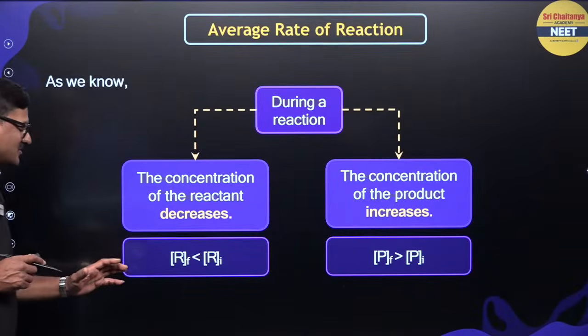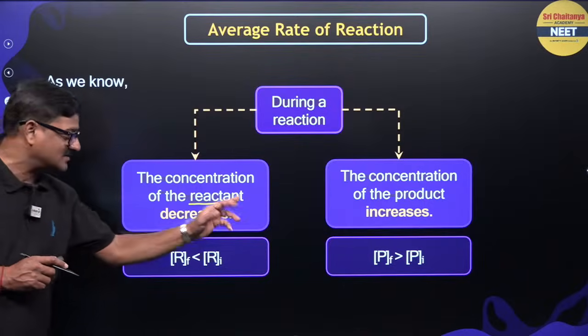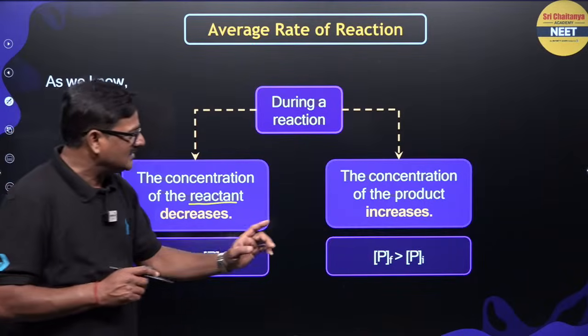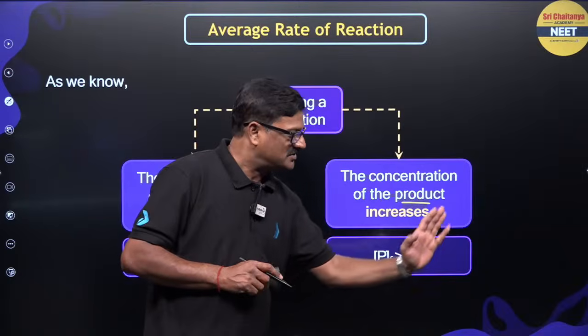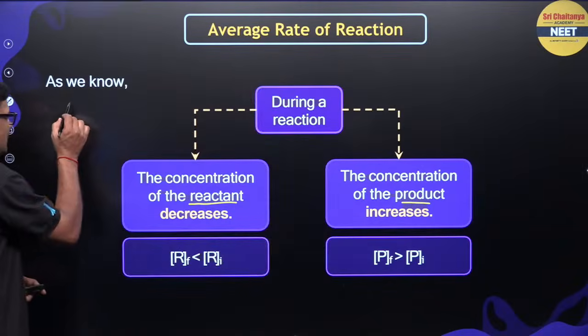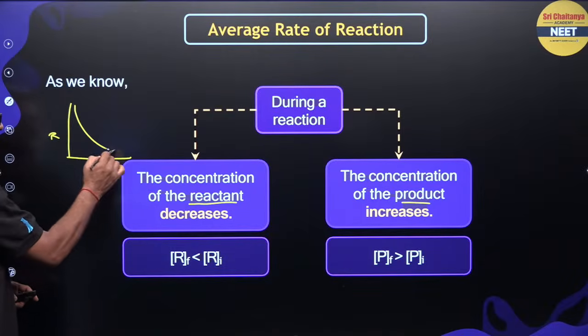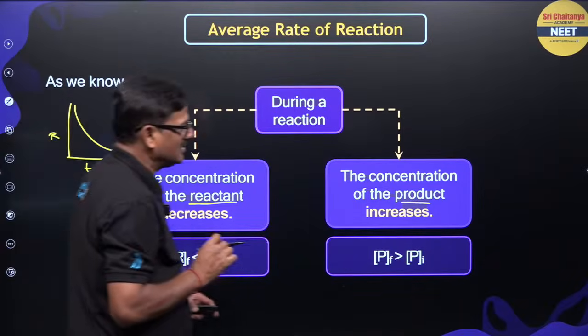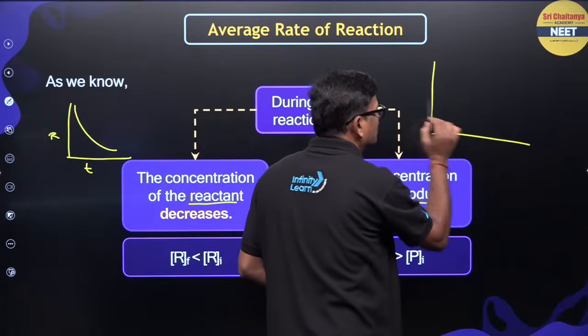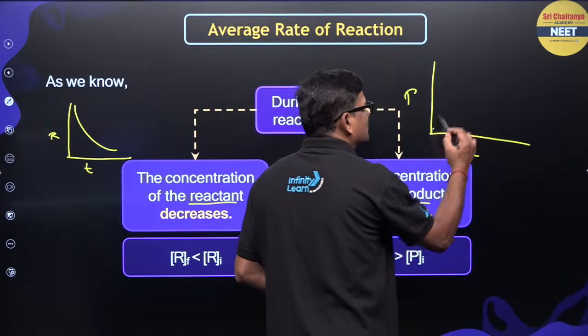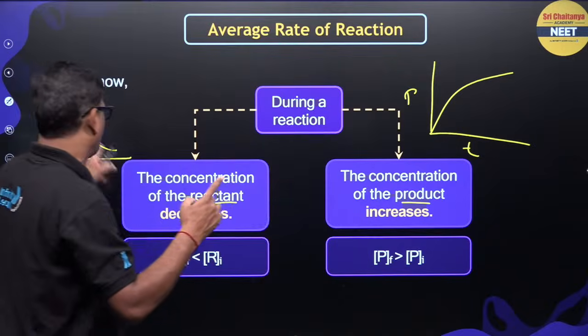During a reaction, the concentration of the reactant decreases and the product concentration increases. I want to say here that the concentration of the reactant with time is decreased, and if you talk about the concentration of the product with time, it is going to be increased. Are you getting it? Down and up.